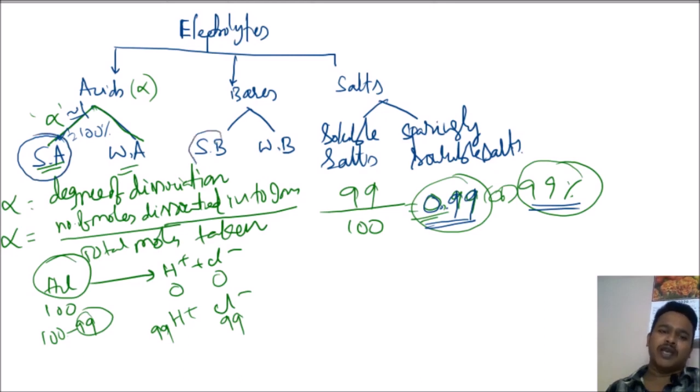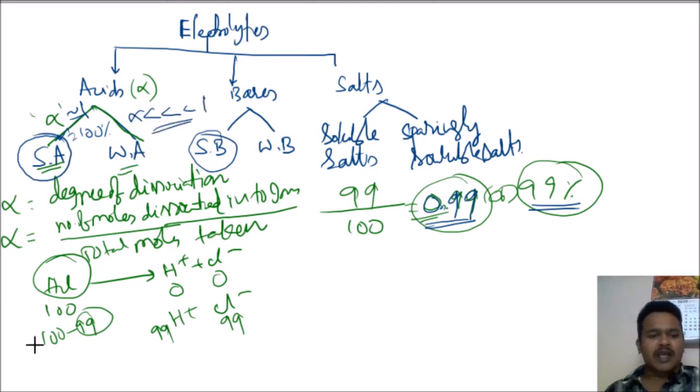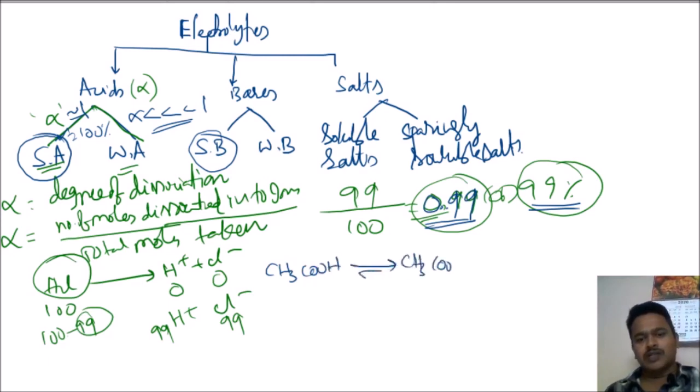Bases are also the same. For weak ones, the alpha value is very much less than 1. For example, CH3COOH converts into CH3COO minus and H plus. It is very weak.